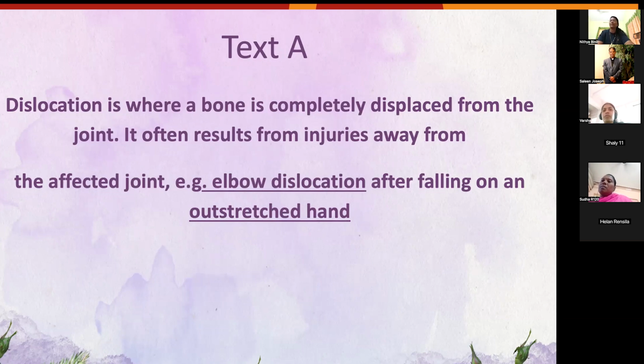The question paraphrases this sentence. Falling on an outstretched hand is a typical cause of a dislocation of the elbow. That is the cause and effect language used in this question. The elbow is already written, so there is no need to write it in the answer. So the answer is dislocation.